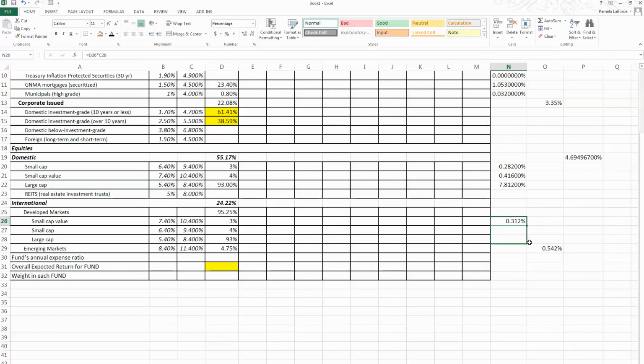I'm going to drag those down because they copy nicely. And note that these three numbers sum to 100%, the 93 plus the 4 plus the 3, so 95% of the 24% is allocated across these three asset classes.